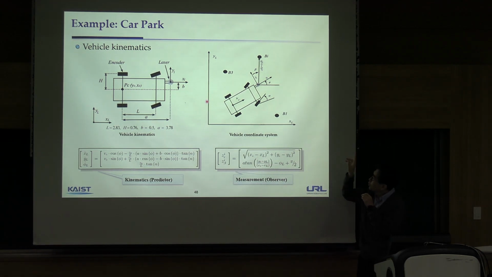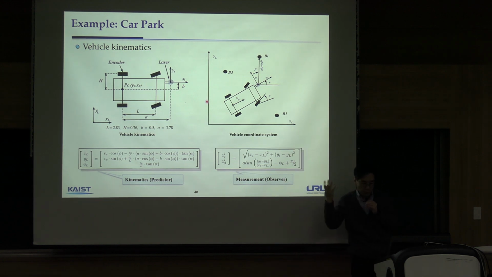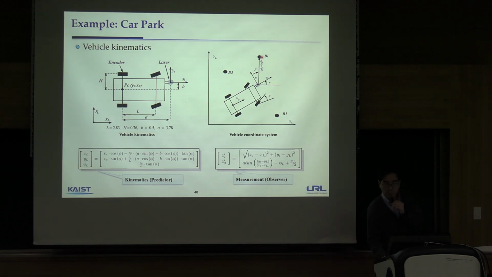For the measurement equation, we use the 2D LiDAR, and 2D LiDAR actually measures the distance to the object. In here, the object is the pole. So we extract the pole location using the LiDAR sensor. So this is the pole location, so we measure the distance, and also the angle can be measured.